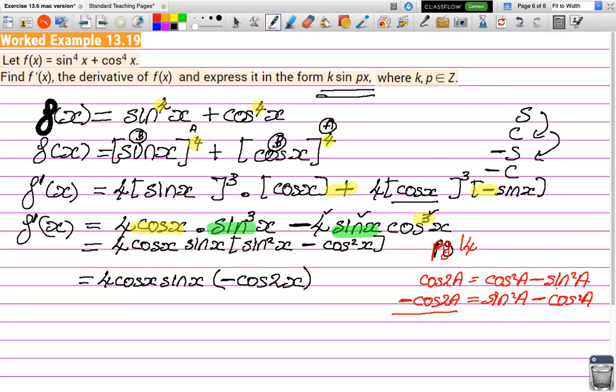Now, again, rather mean, because if you spotted it, you're home and dry. 4 is 2 2's. So I've actually got here 2 cos x sine x on minus cos 2x. And once again, if you look at the formula book on page 14, you will find there's a formula.